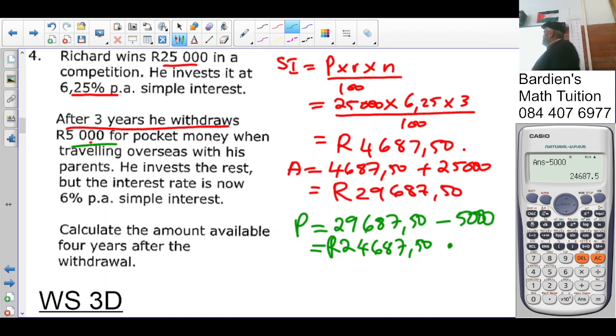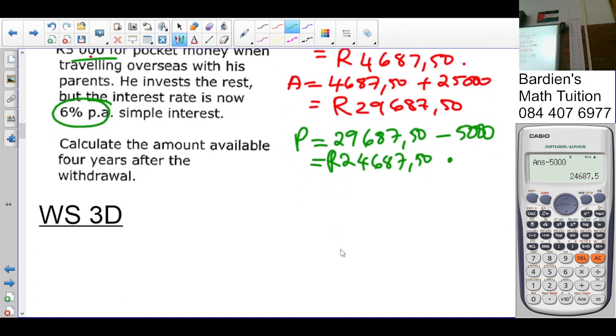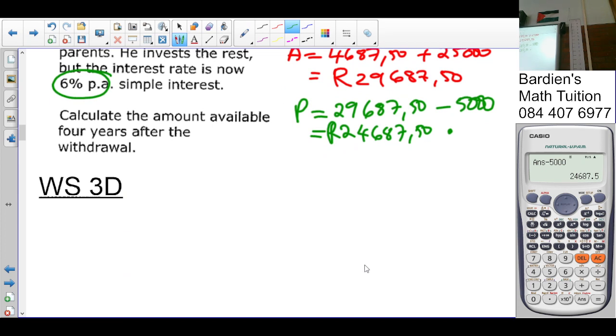Invest the rest at an interest rate now of 6% per annum simple. So how are we going to calculate the 6%? I'm going to use the formula again, not so? And what is the formula? Simple interest is equal to P times R times N over 100.